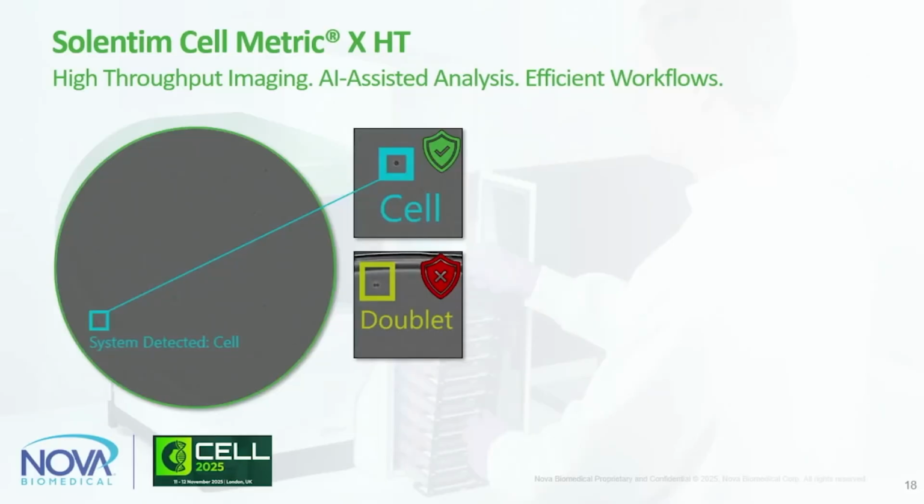So the Cellmetric X artificial intelligence neural network was trained on thousands of images that were put into the software. And this will assist you after seeding to effectively detect your cell in a well, as well as detecting non-clonal wells and debris.